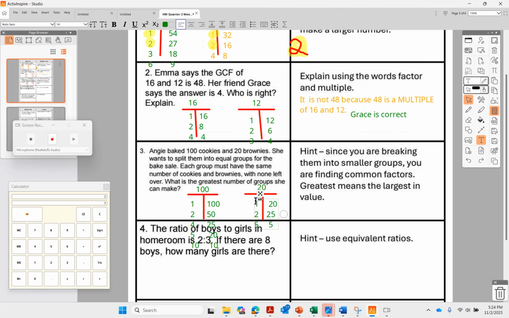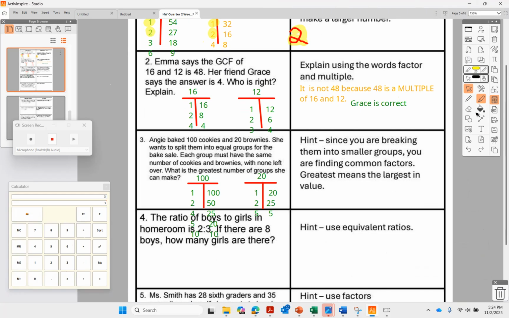So, your greatest common factors. She could split them into groups of 2. Okay? She could split them into groups of 5.